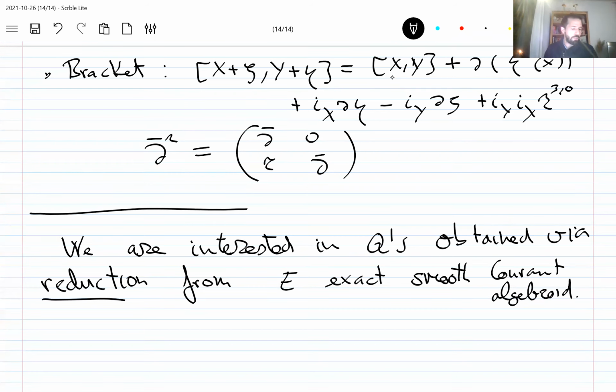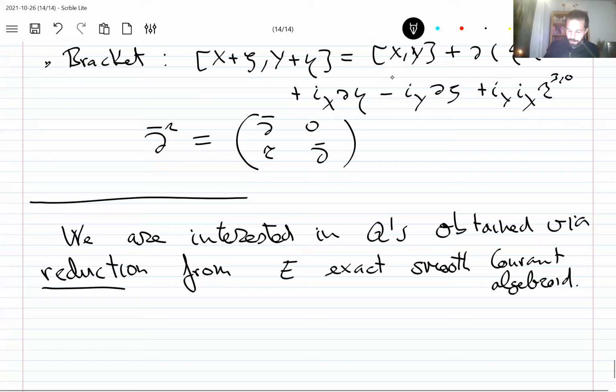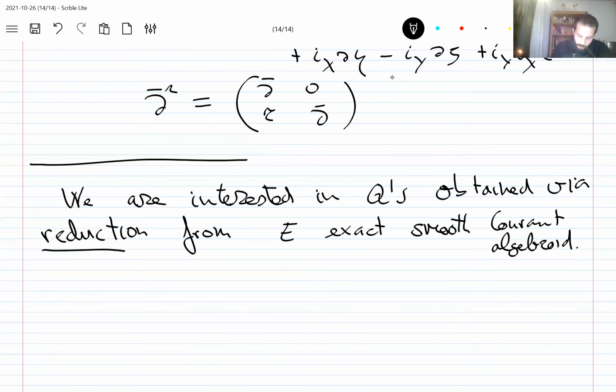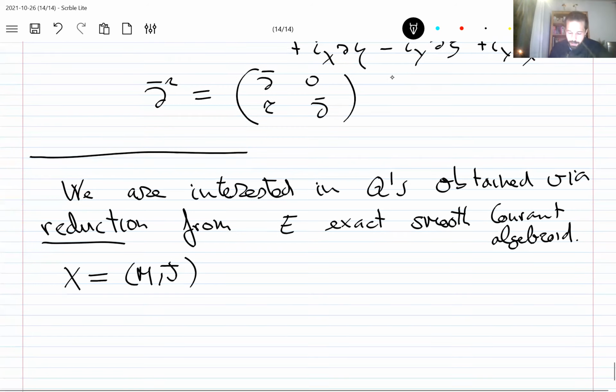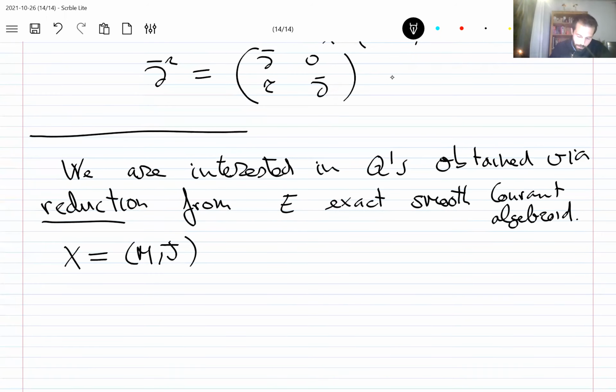Because it plays an important role here. So I'm going to denote my complex manifold by M, J. So M is the smooth manifold underlying, and J is the complex structure. So now I'm going to fix E as before. E is an exact smooth Courant algebroid.